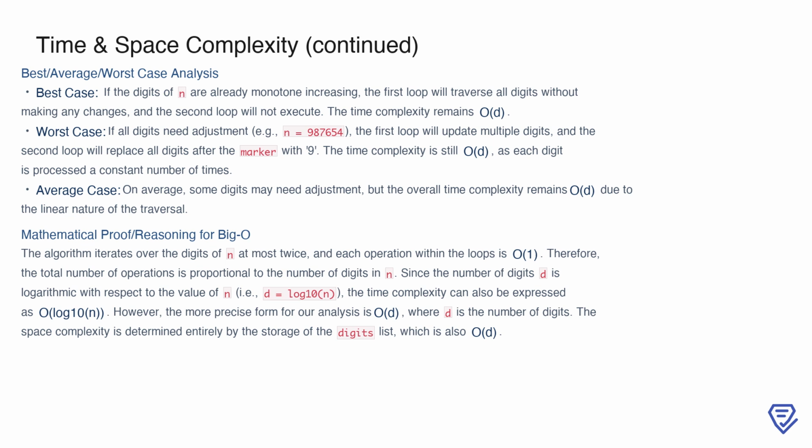Since d is logarithmic with respect to n, specifically, d equals log base 10 of n, the time complexity can also be expressed as O(log10 n). However, for clarity, we use O(D) to directly relate it to the number of digits. The space complexity, as discussed earlier, is entirely determined by the digits list, which is also O(D). This balance of efficiency in both time and space makes the algorithm well suited for this problem.